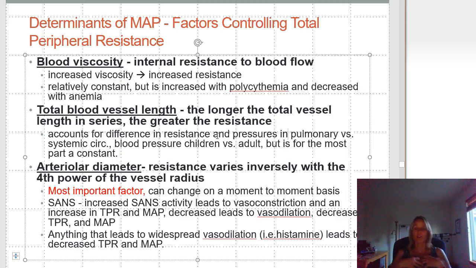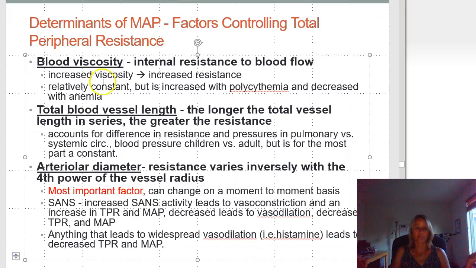Going from the heart to the lungs is not very far. So if you recall, the blood pressure in the pulmonary system is about 1/5 that within the systemic circulation, and this is because one of the factors is we have such a lower total blood vessel length. This also accounts for the difference in blood pressure between children and adults, because children are smaller than adults.